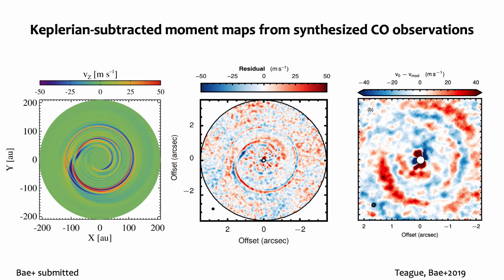So what we have done next is that this is the model from the numerical simulation. The planet is here, and you see that the vertical velocity perturbation is about plus or minus 50 meters per second. And yeah, there are blueshifted and redshifted spirals. They are very tightly wound, as you can see, almost annular.